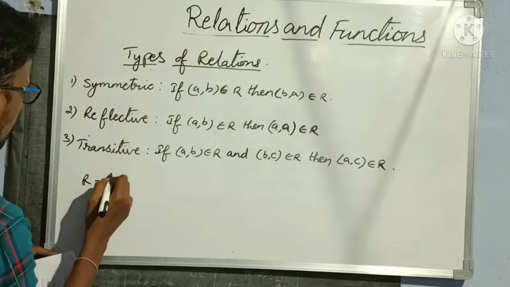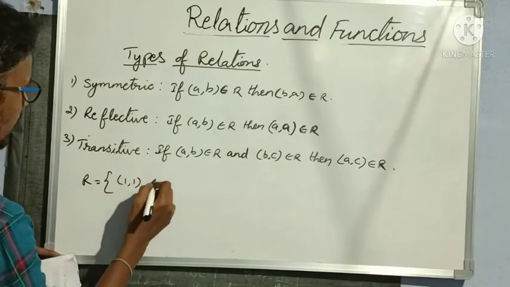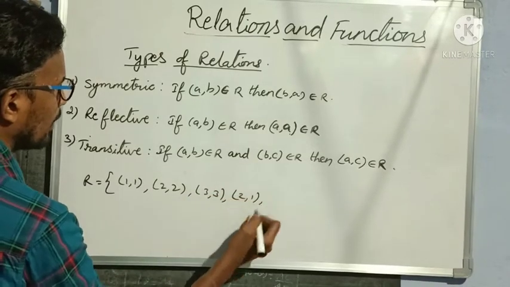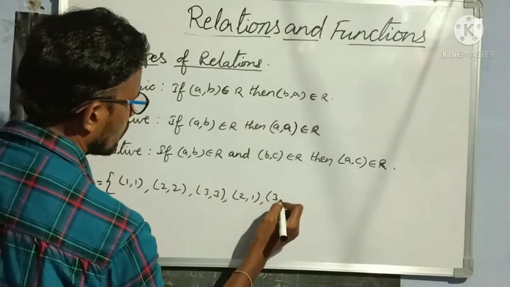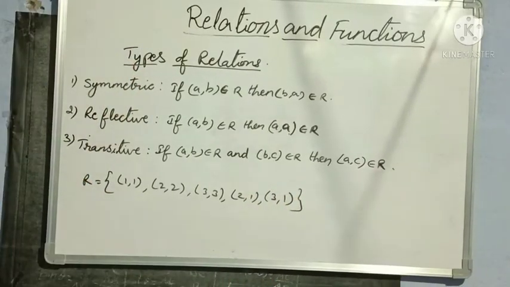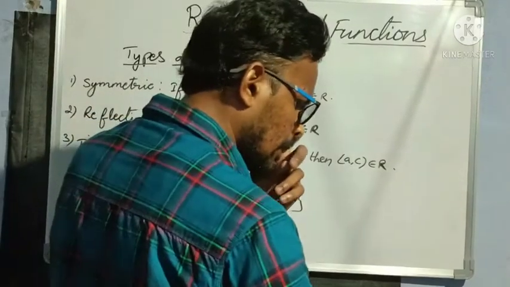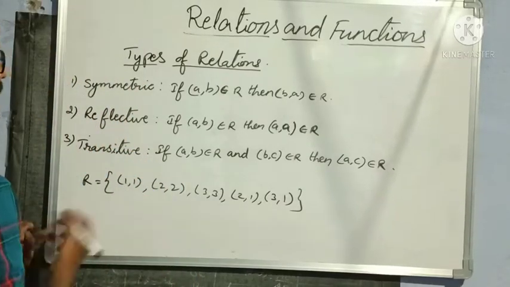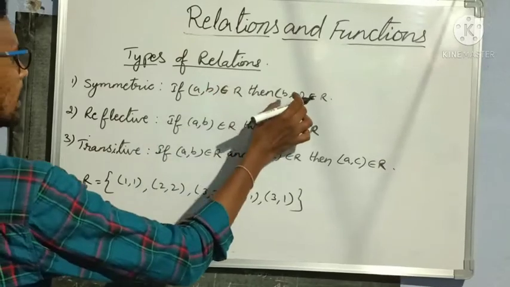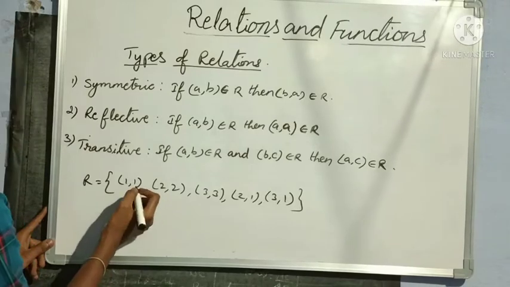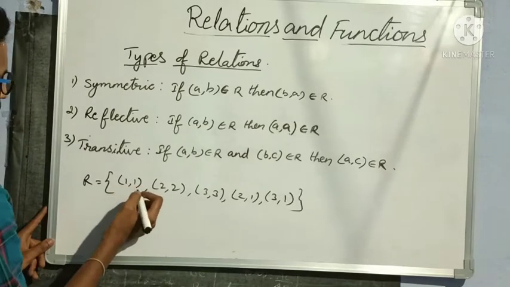Okay, let us understand this with an example. For suppose I am taking R is equal to (1, 1), (2, 2), (3, 3), (2, 1), and for suppose (3, 1) I am taking like this. This is my relation. Now let me see whether every element is satisfying or not. So (1, 1), (a, b) belongs to R, then (b, a) should belong to R. (1, 1), even if I reverse these two, this is the same ordered pair (1, 1).